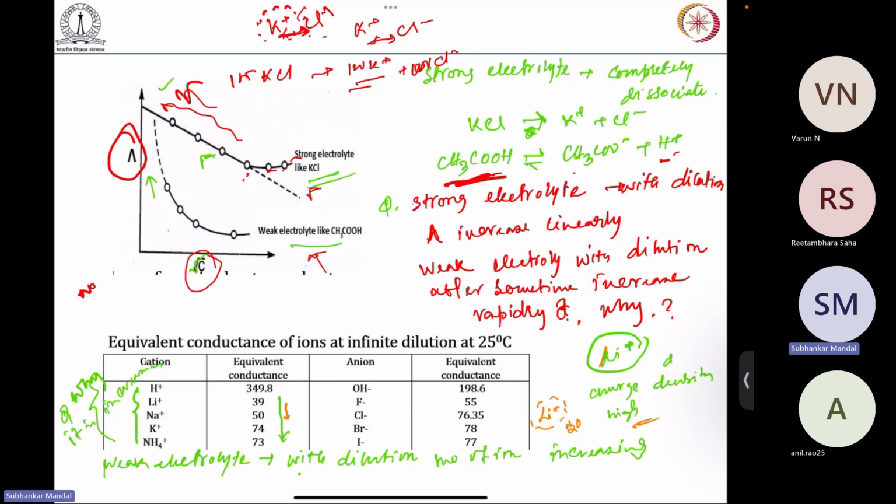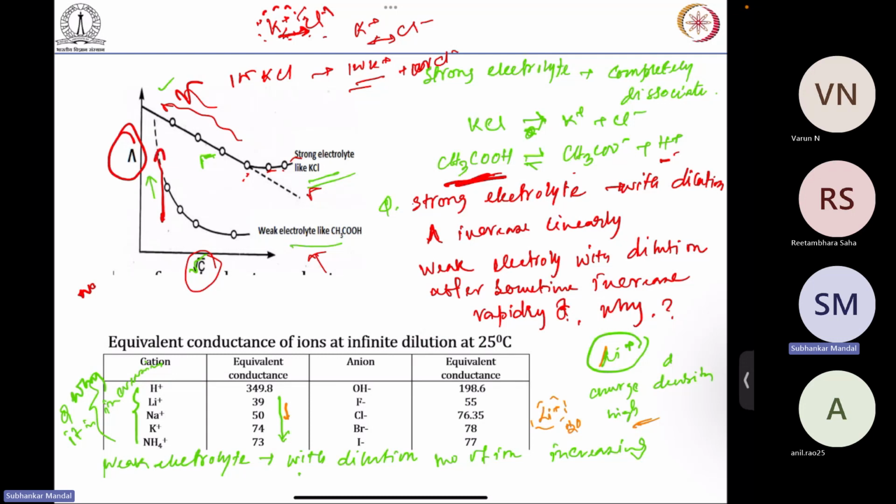When you add water, it dissociates, so the number of ions in the solution increases, and as the number of ions increases, the conductivity value increases. For this, the conductivity rises rapidly.